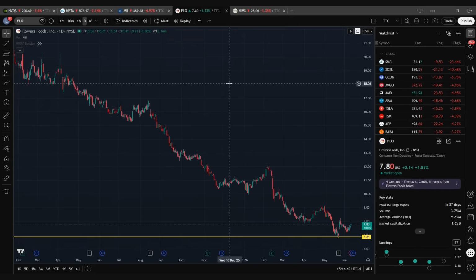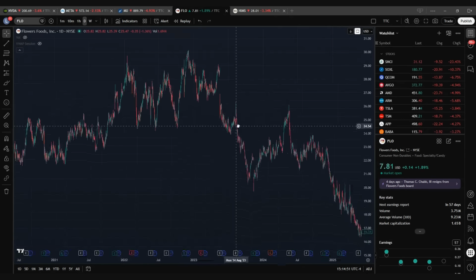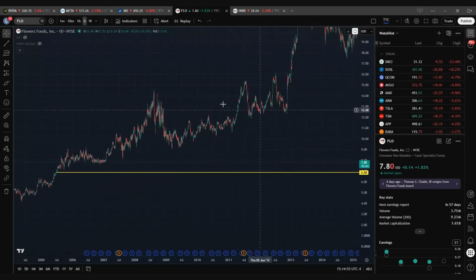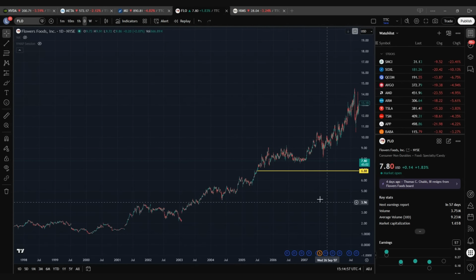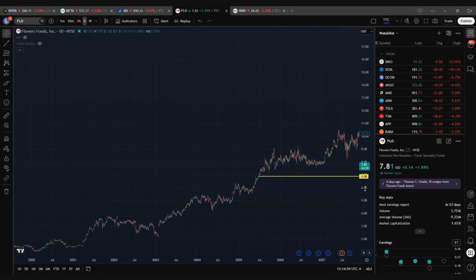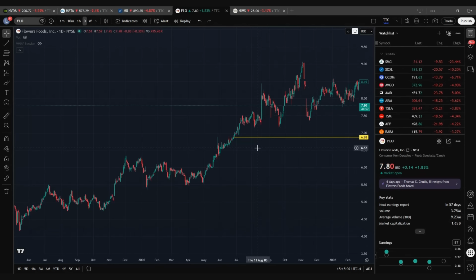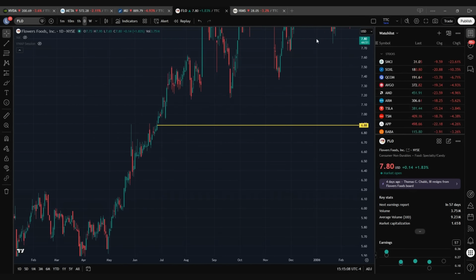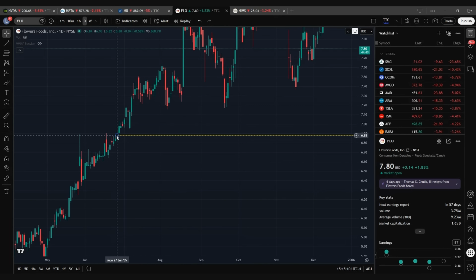Now for Flower Foods, this gap fill goes way back. And the further and more significant that gap fill is, the larger of a bounce you're likely to see. And you can see here that this is a gap fill all the way back, guys, from the 27th of June in 2005. You can see that nice gap fill there around 688, potentially providing support.